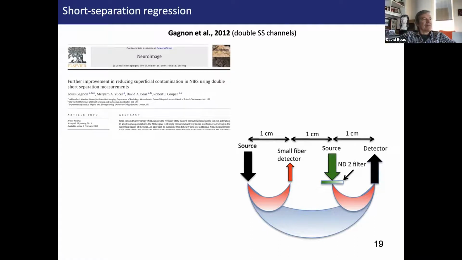I think in their case they have whole head coverage. As long as you have a large area coverage, the dominant source of variation over the entire head is not likely going to be brain activation. I see.